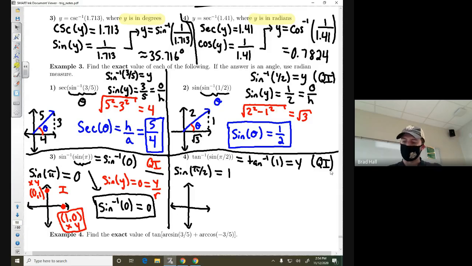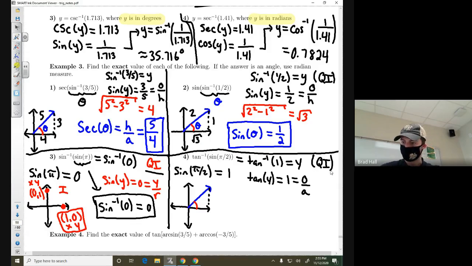So really what we have is that tan of y is equal to 1, which is equal to opposite over adjacent. So when we construct our triangle, and triangulate accordingly, we know how to fill in some of the dimensions of the triangle.